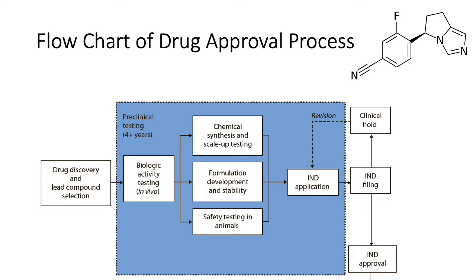The first step is the discovery of the drug, and then the nucleus or the pharmacophore or the general structure of the drug is selected, and then this undergoes manipulation or changing to produce something called the lead compound, which is the optimal drug to be effective in whatever treatment we are using it for.